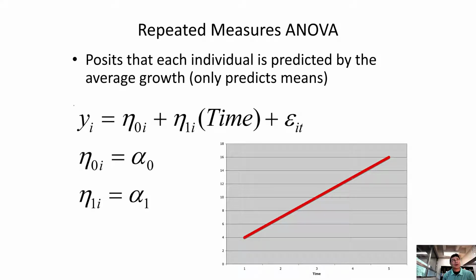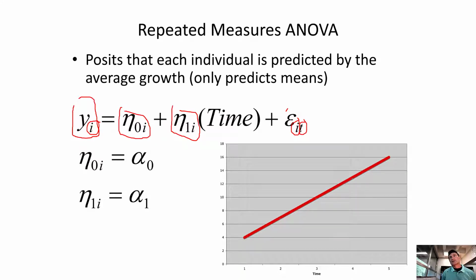So for an outcome measure, and we're going to use the WISC score, for any individual, this I here stands for individual. That individual is predicted by an intercept and a slope plus some error associated with the individual at each time point. So that kind of makes sense. This is a line for each individual.